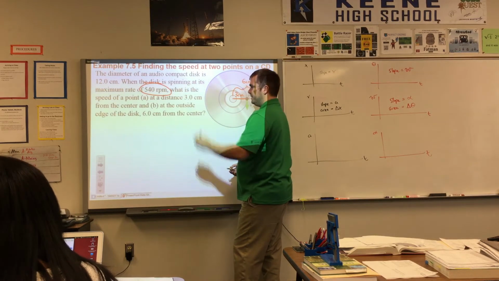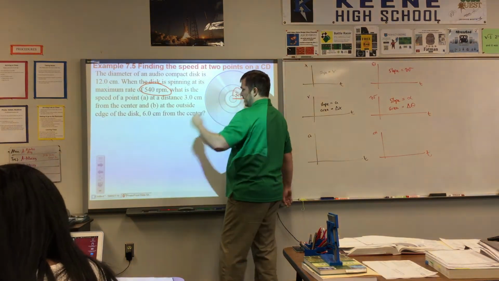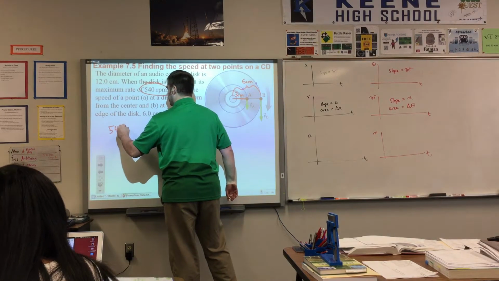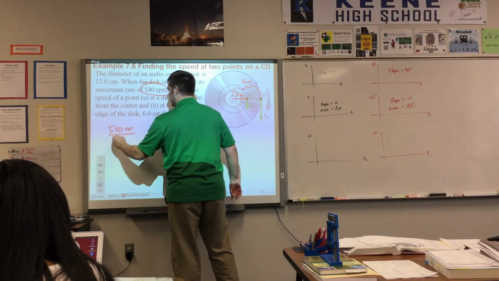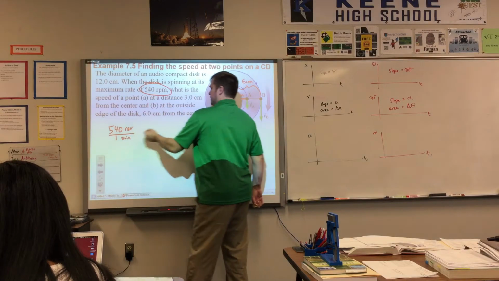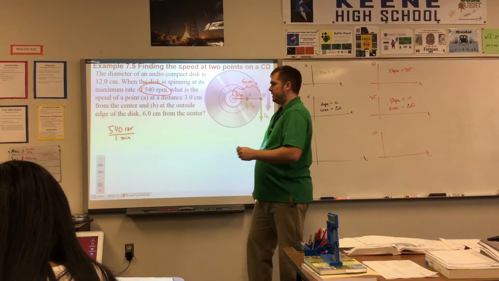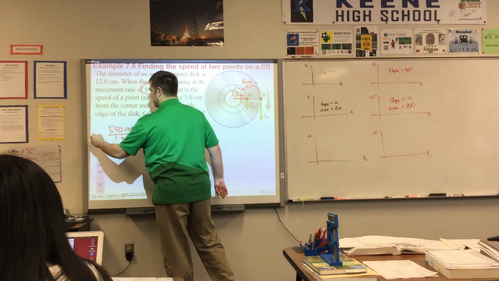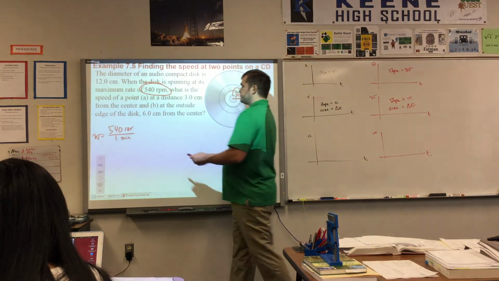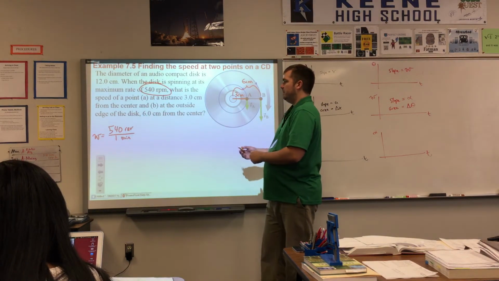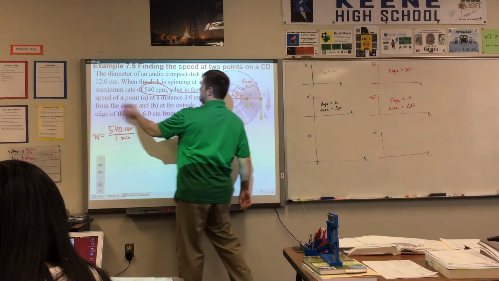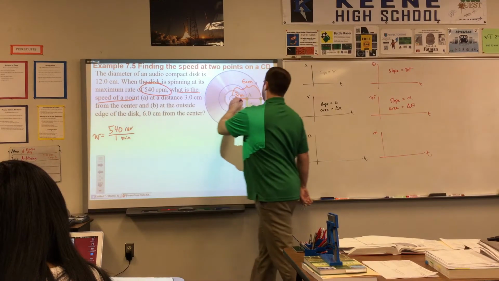500 RPM, that's how many revolutions per minute, so 540 revolutions per 1 minute. Pretty sure we're going to calculate that into radians per second in a minute. But let's figure out what they're asking for. This says, what is the speed of a point?